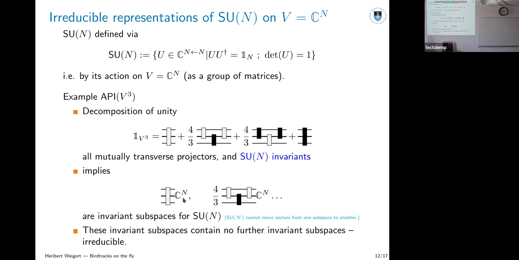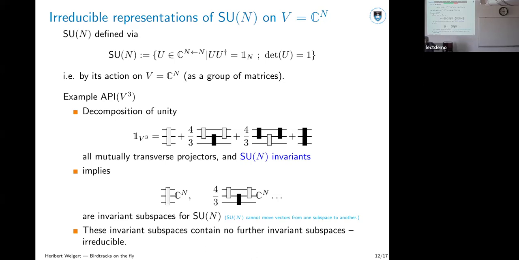Then I'm getting, because the operators I'm acting on here are invariant under the SU(N) operation, I'm unable to take something out of this space into that space by applying SU(N). So I have decomposed my tensor space into invariant subspaces. Now, this is a convenient way to find invariant subspaces in there.